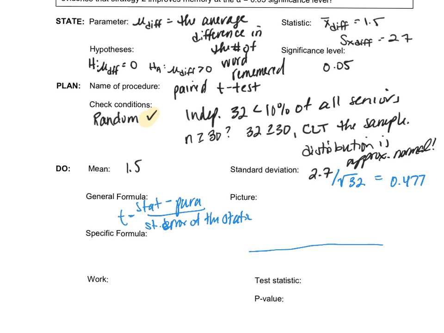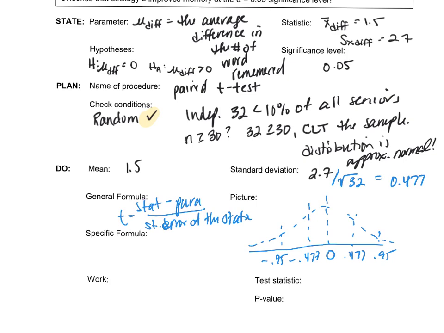Draw my picture. This is 0. My standard deviation, negative 0.477, positive 0.477. 2 times that is negative 0.95 and positive 0.95.